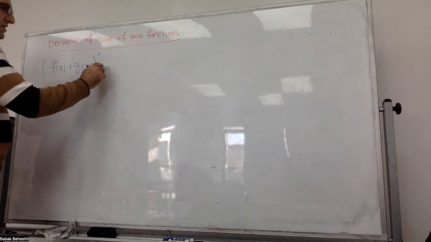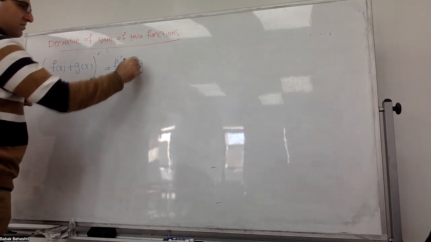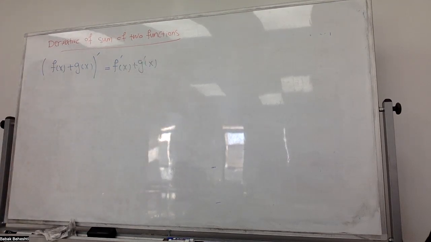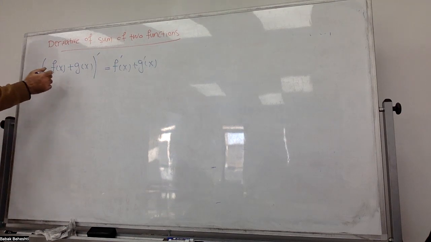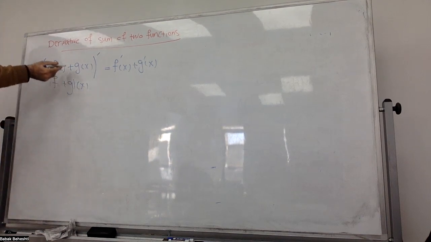And the answer is, this is equal to f prime of x plus g prime of x. You can also write this as f plus g of x. These two are the same, meaning the sum of two functions.